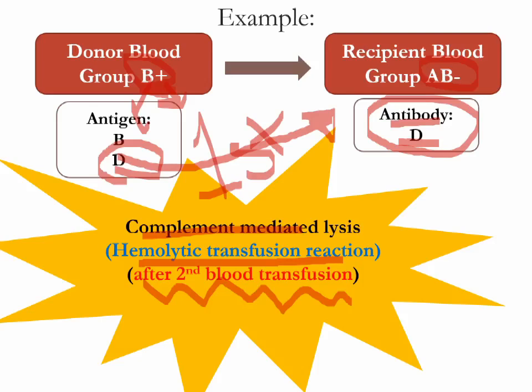So the first transfusion will pass safely. But for the second transfusion, if this mistake is repeated one more time, the antigen D re-entering your body will find the antibody D ready-made in large amount, so it will bind with the antigen D, and hemolysis of the red blood cells will occur.